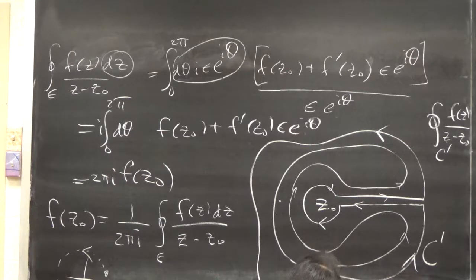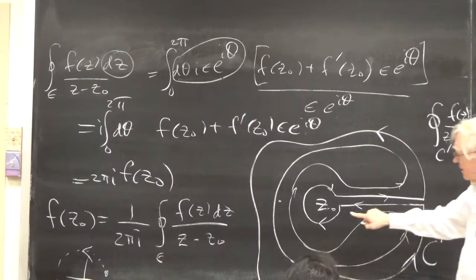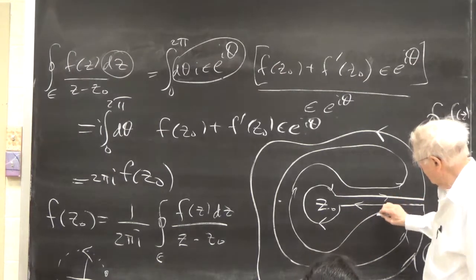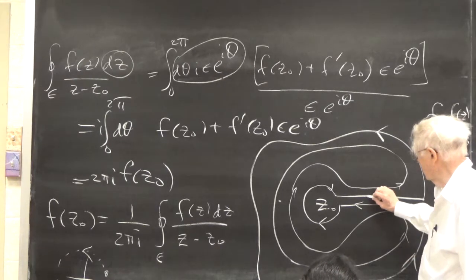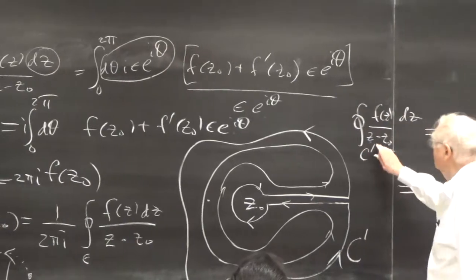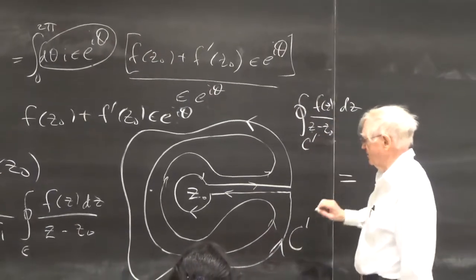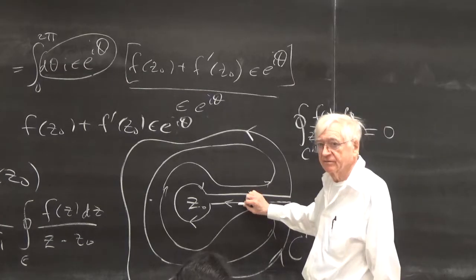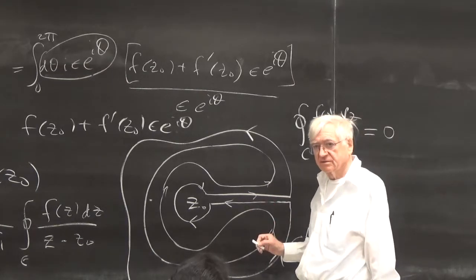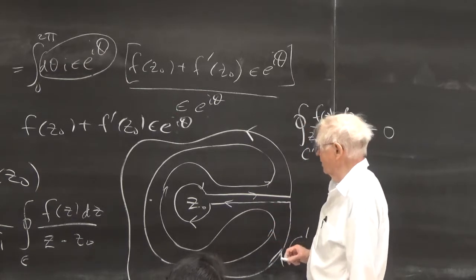What else can we say? Well, the next thing we do is imagine we look at this from a different point of view and we bring these two lines together. Then they cancel. And so then we're left with what?